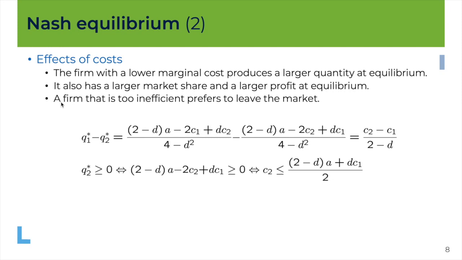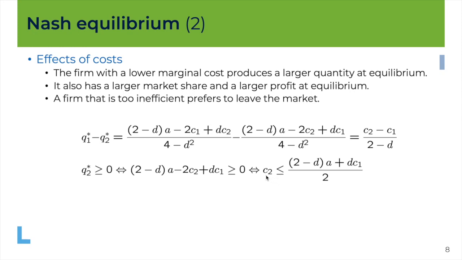And we also need to check the conditions on the cost to make sure that both firms stay on the market. So here, assuming that C1 is lower than C2, what is the condition for firm 2 to stay on the market? It has to be able to produce a positive quantity at equilibrium. And if you use the expression of the equilibrium quantity of firm 2, you have this condition here, which can be reinterpreted as follows.